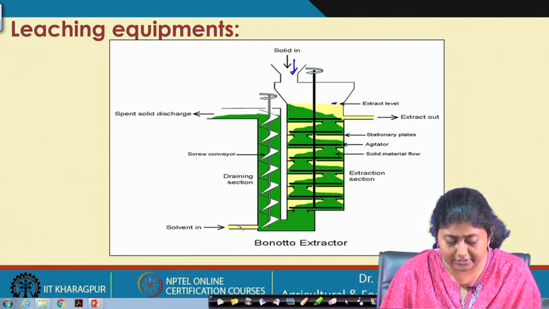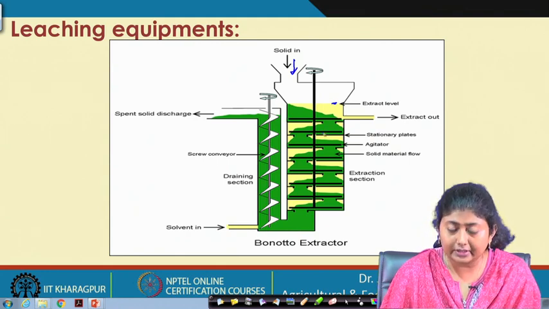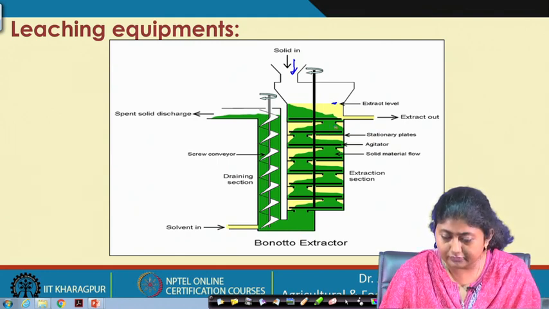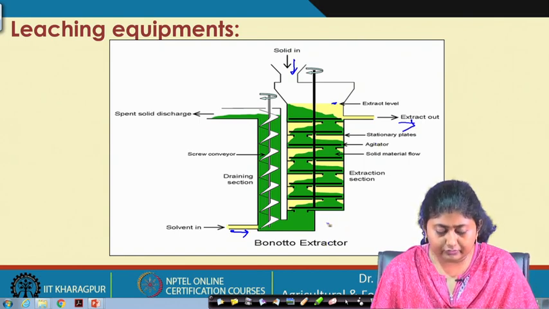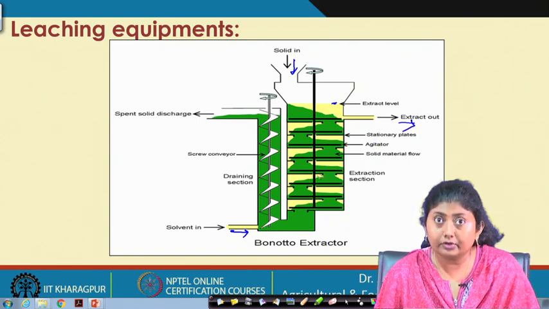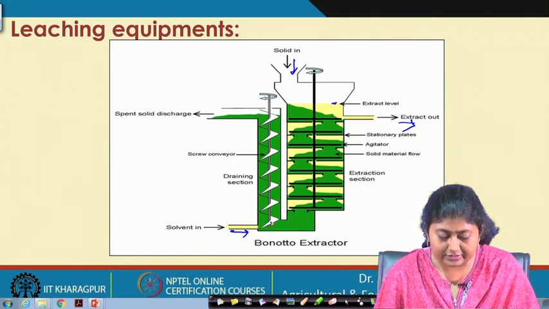The solvent which comes in from the bottom will be sprayed through the material and go up to the top section. So, the extract will go out from this section, where the solvent comes in. The solvent will take away all the solute from the solid, and the leached-out solid will come into this section and drain in the draining section.